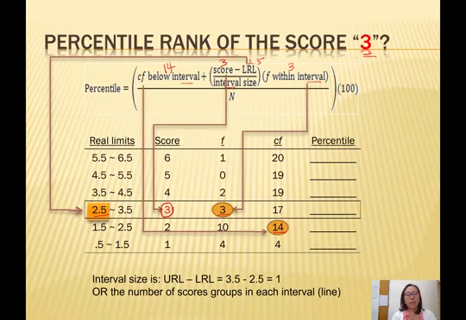Well, interval size, as you see here in the bottom, is calculated as the difference between the upper real limit and the lower real limit, or taking the upper real limit of 3.5 minus 2.5, which is 1. Another way of figuring out what the interval size is, is to ask the question, in each interval, how many scores do you see? In other frequency tables, you will see ranges of scores represented in each interval.